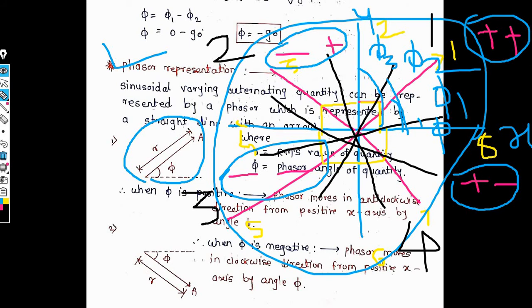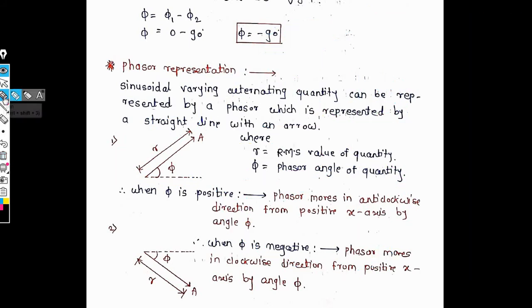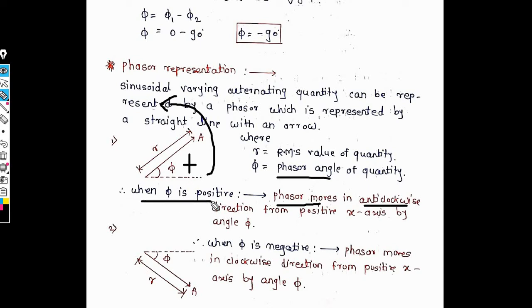When the phase angle phi is positive, the phasor moves in the anti-clockwise direction. When phi is negative, the phasor moves in the clockwise direction.